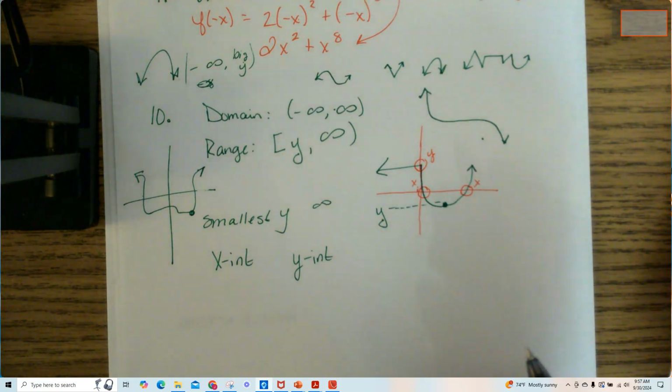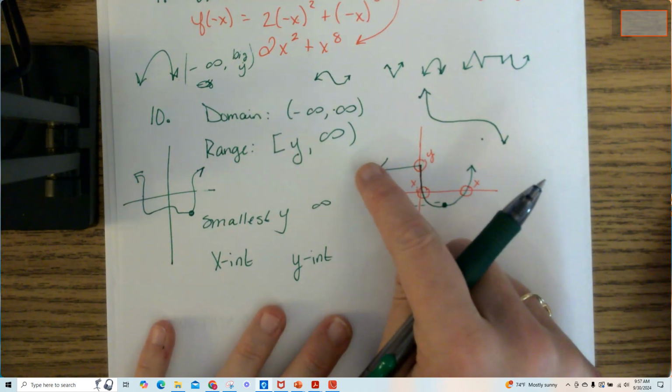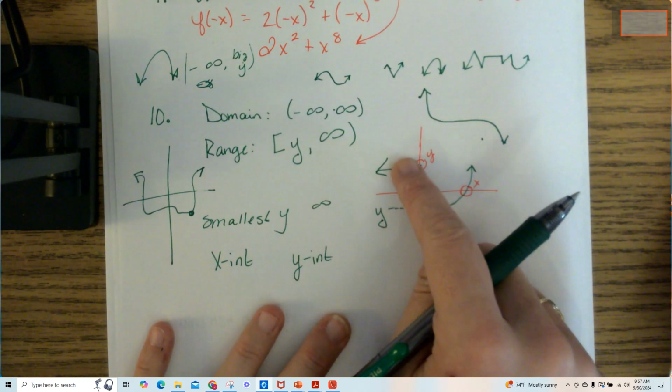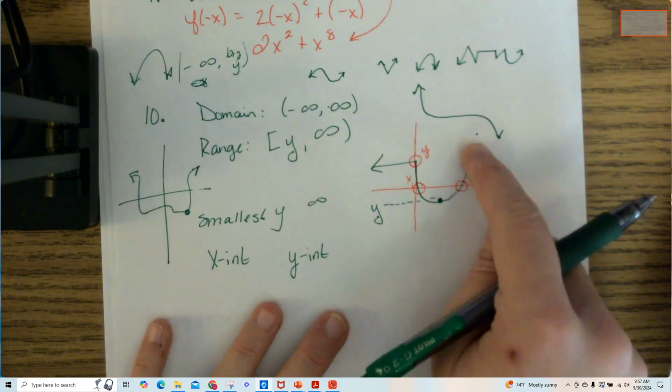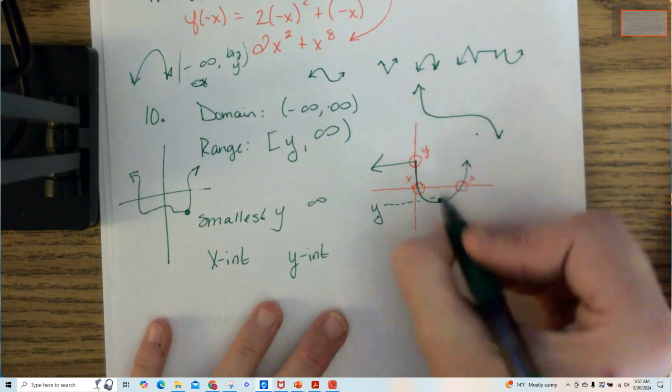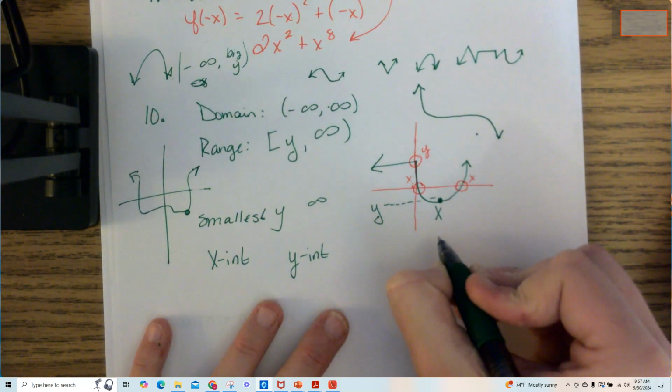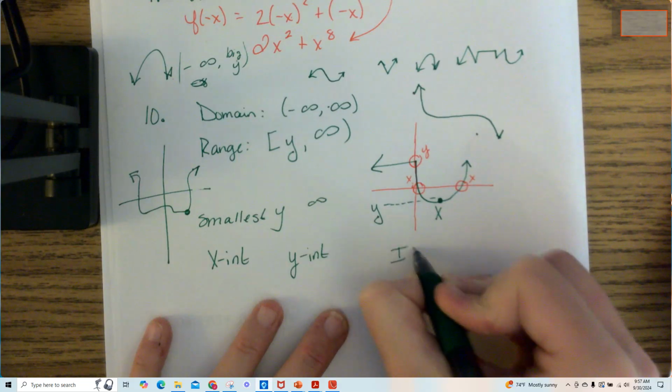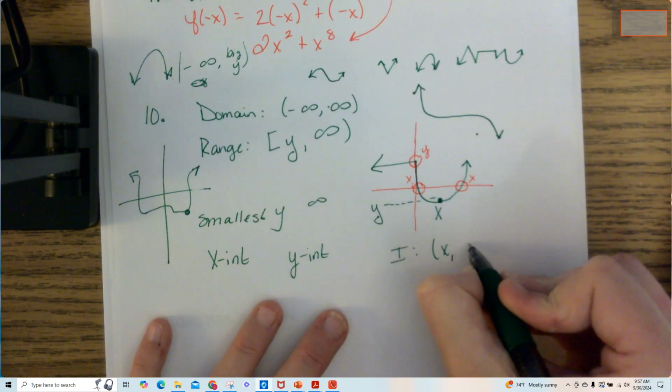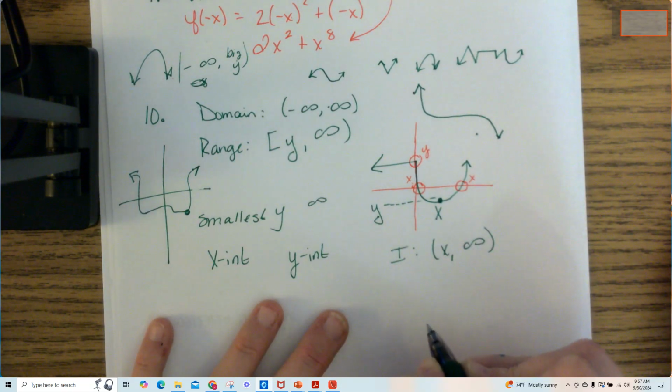Over what interval is f increasing? Okay, so from left to right, constant, decreasing, increasing. So whatever this x value is, it's increasing from that x value to infinity.